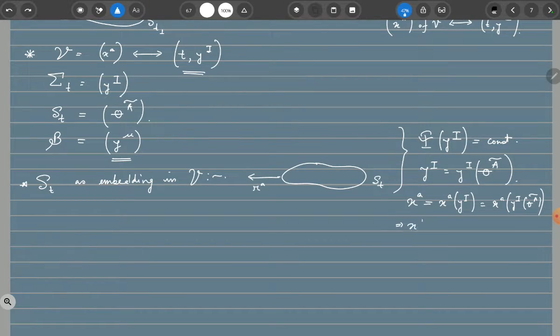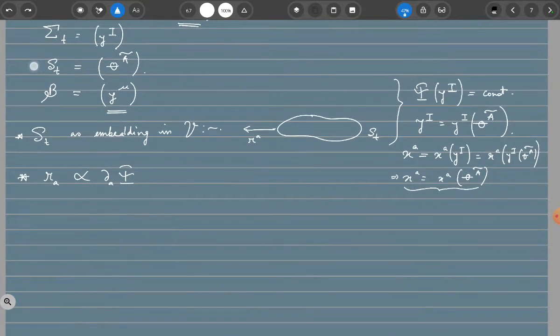So we have x^a being a function of theta^ã. These are the parametric curves on S_t. So the normal vector r_a of S_t is proportional to del_a of Psi, as we know it. Okay, so this is the normal vector. We'll have to determine the proportionality constant, but that can be easily done.